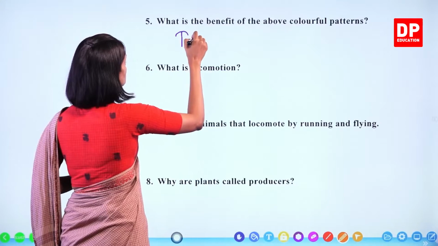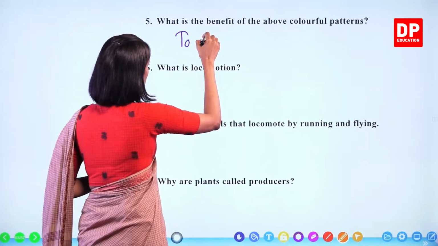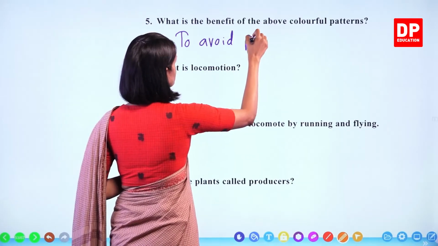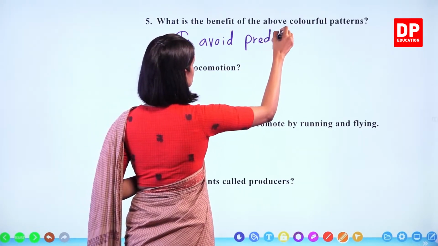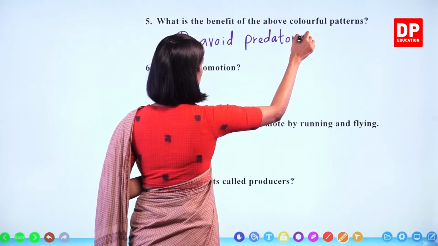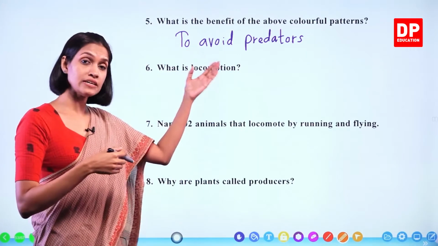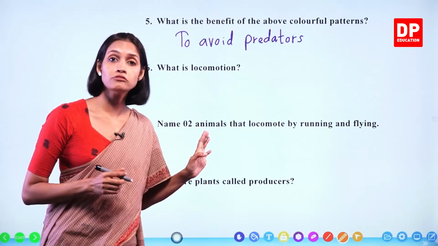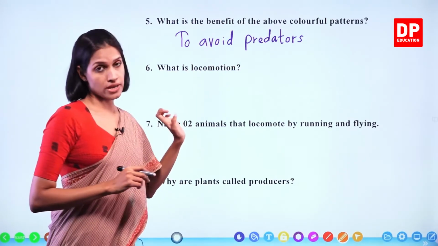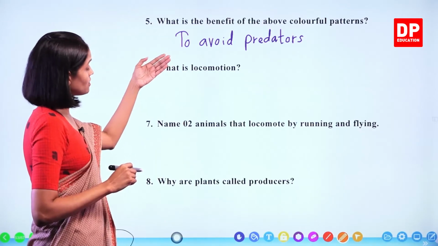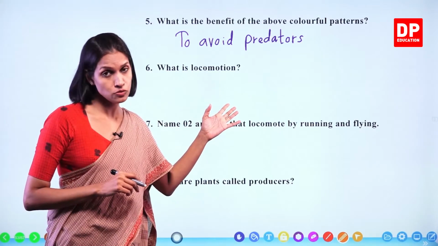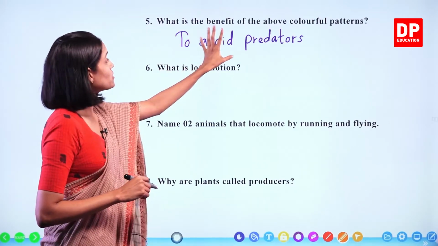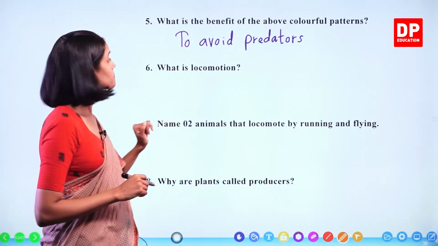To avoid predators. But when we consider predators, again these type of colorful patterns are important to sneak up on their prey, okay? But here, earlier as the example, we wrote the caterpillar. To match that one, we are going to write to avoid predators, okay?